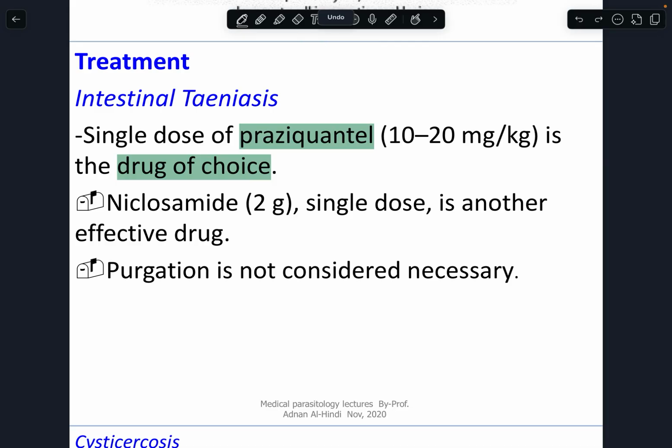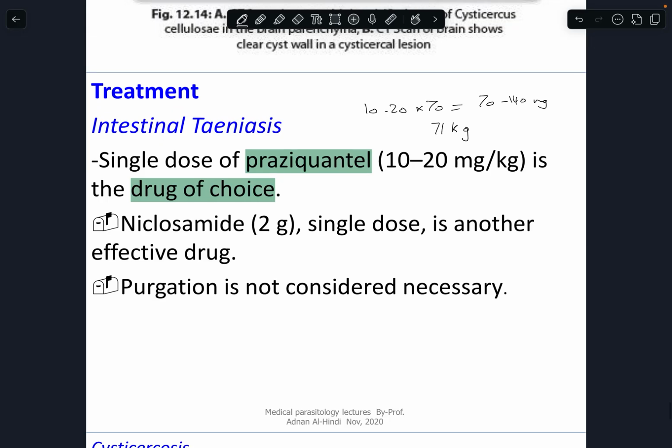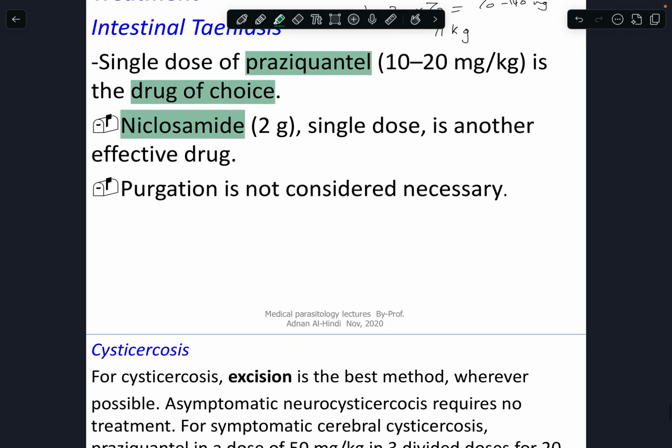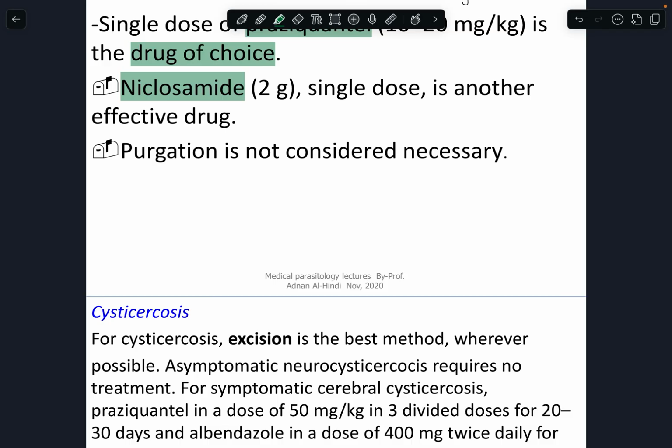If I were to take one, I am 71 kg, 10 to 20 times 70 would be 700 to 1400 milligrams. Niclosamide is another effective drug, a single dose of 2 grams. Purgation is not considered necessary. We don't have to be invasive.